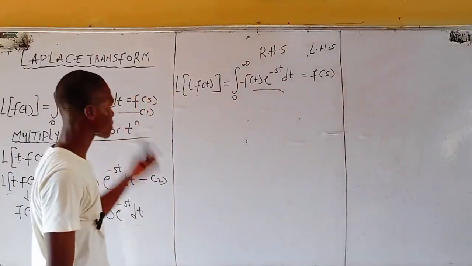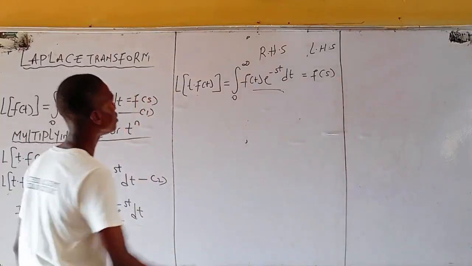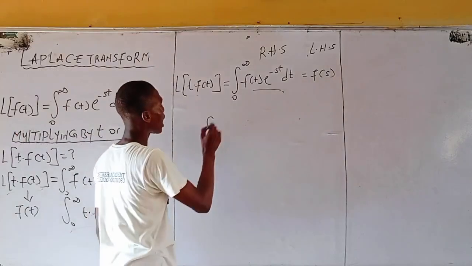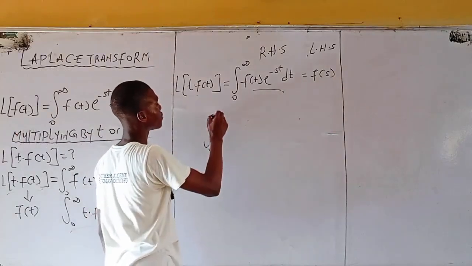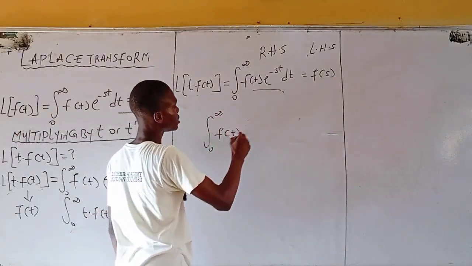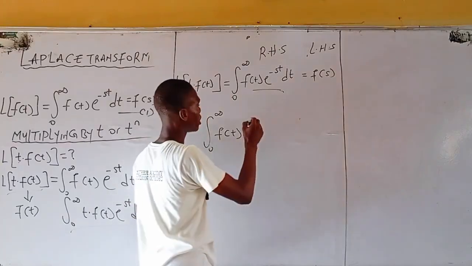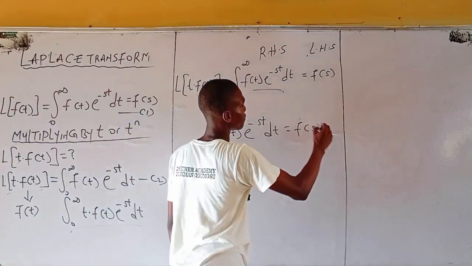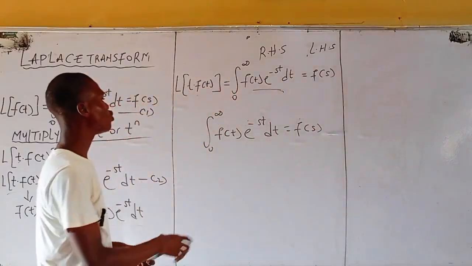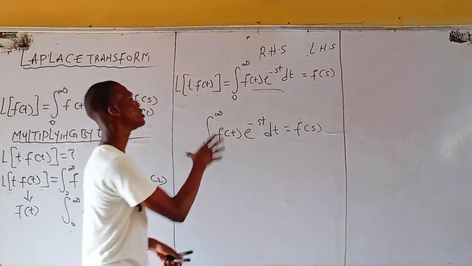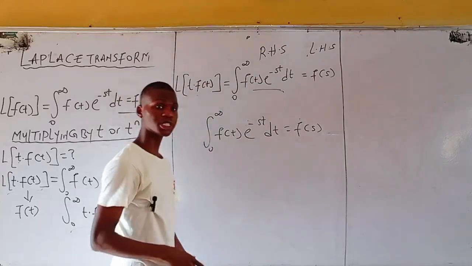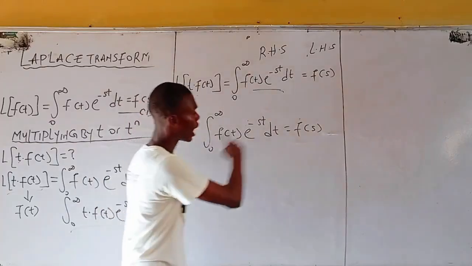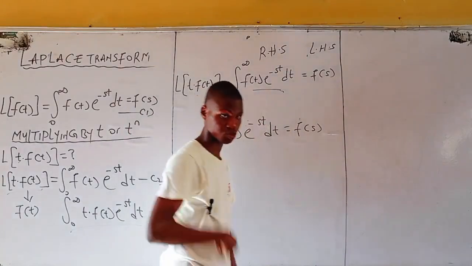So by doing that, I will say I have the integral from 0 to infinity of f of t exponential negative st dt equals f of x. Now, how to go about this is that I'm going to differentiate the left hand side and the right hand side with respect to x.